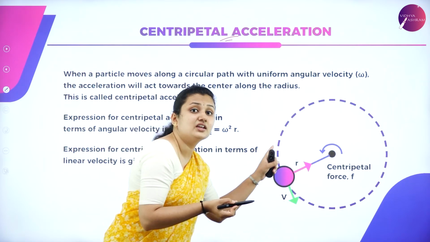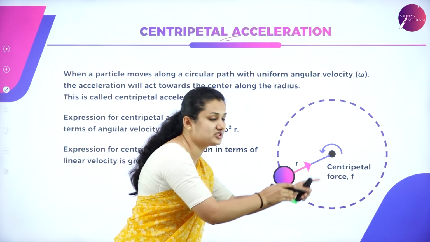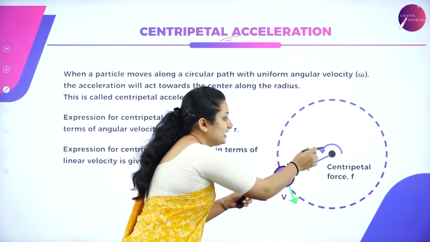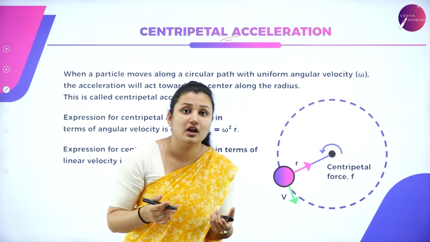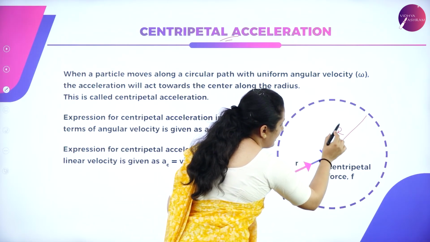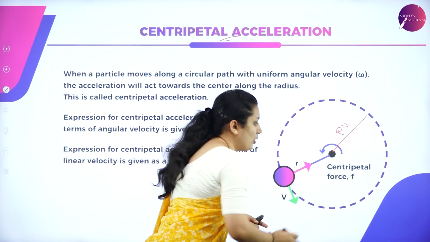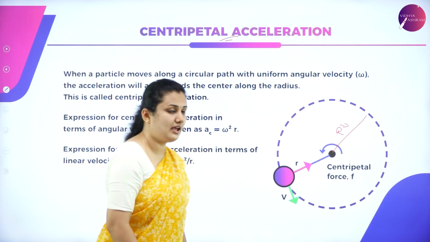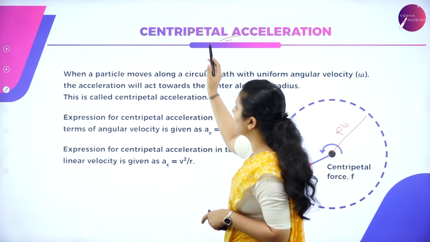It should possess uniform angular velocity. So when it is moving with uniform circular motion, a body or object will experience an acceleration along the radius vector, towards the center point of the circle. This is called centripetal acceleration.